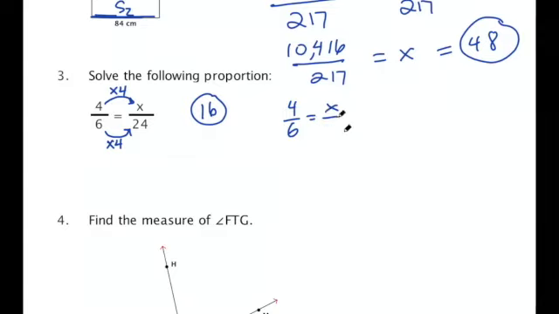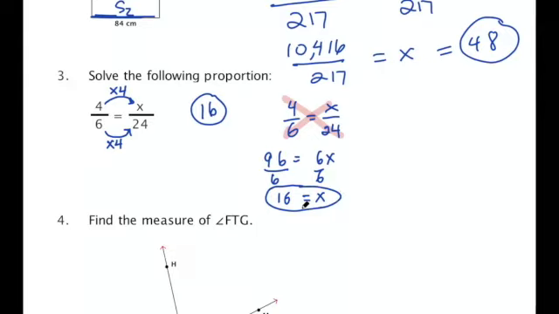Then you're just cross multiplying and dividing. So you go 4 times 24, that's 96, equals 6 times x, so 6x, divide by 6, divide by 6, x equals, and you can use your calculator, you're still going to get 16. So whatever's easier for you, you can look for the connection. Sometimes that's easier. If you can't see that connection, then you're using your calculator and setting up the proportion.